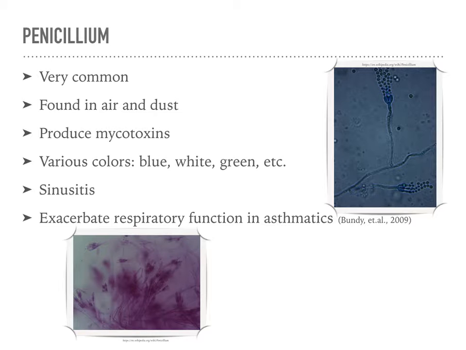There are various colors of penicillium. You may see blue, white, green, etc. So that's a little bit different from the dark mold we previously discussed. Penicillium can cause sinusitis, and it can also exacerbate respiratory function in asthmatics. So if you or a person on your crew has asthma, once again, those symptoms can be exacerbated by these different types of molds.